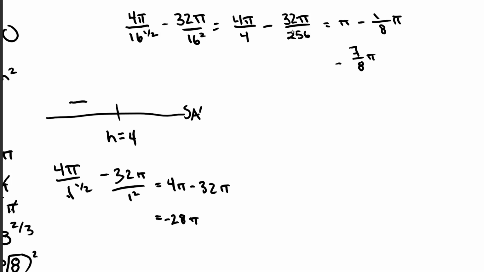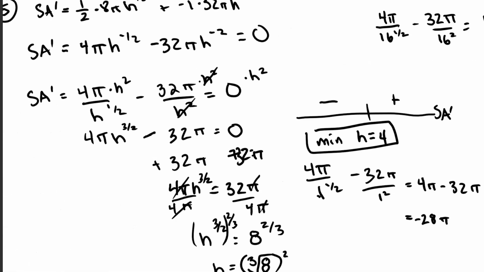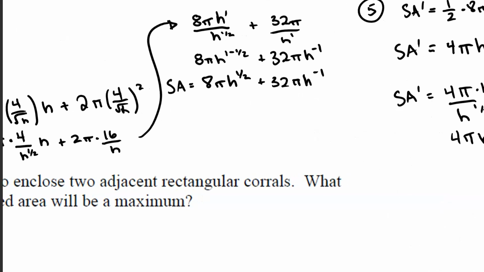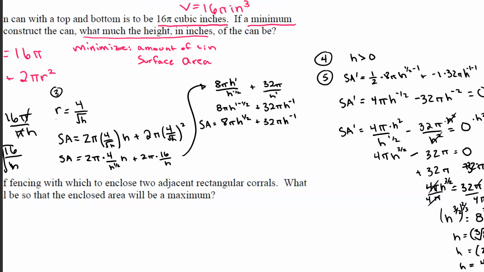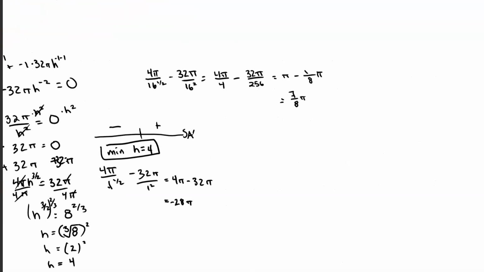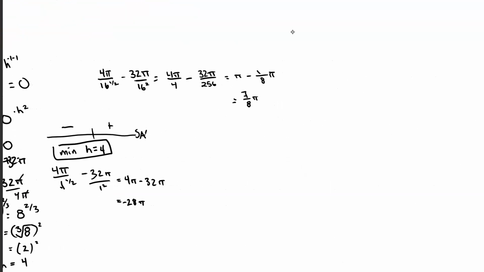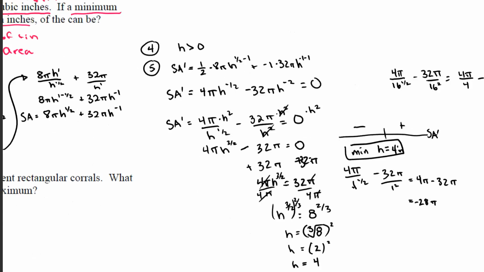All right, that comes out to a nice, pretty positive. So we know we have a min here. So we are satisfied with our minimum. We have to look and see what were our units. Inches. So 4 inches is our answer. Moving on.